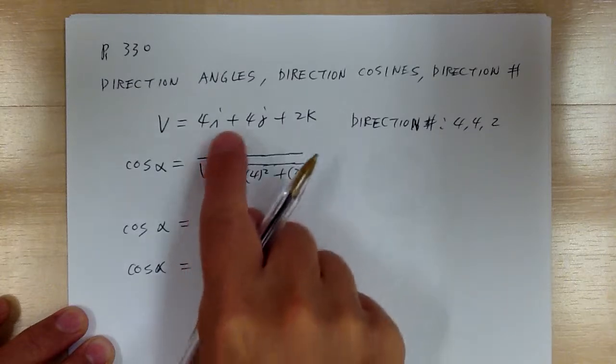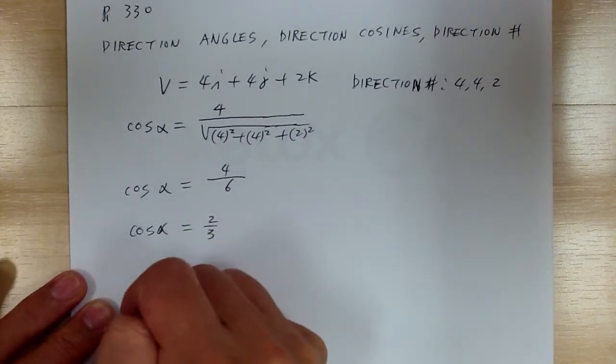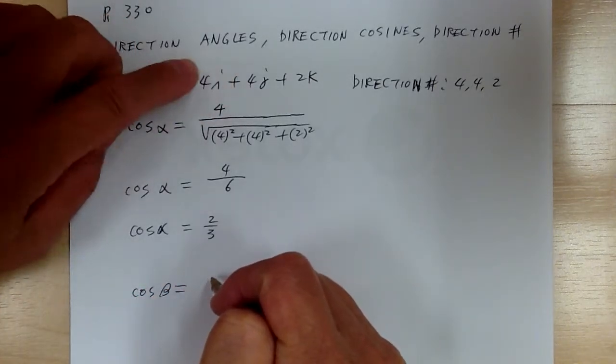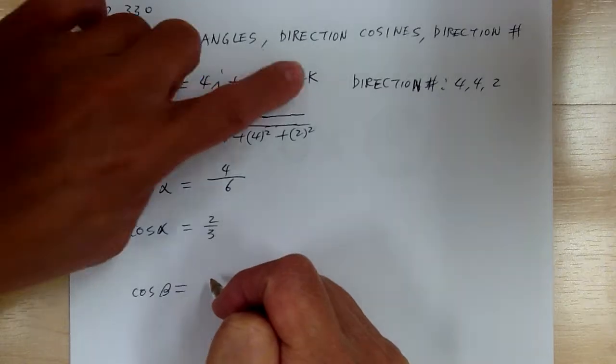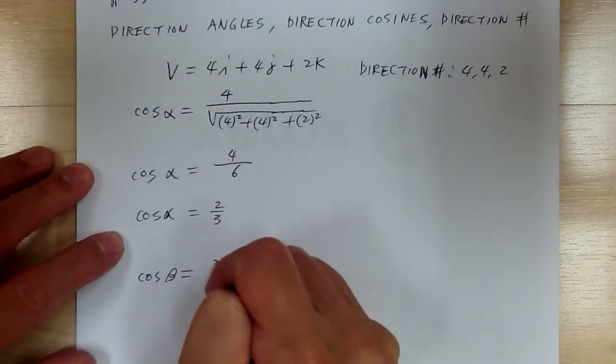Then cosine beta is going to be equal to this one. Again, this is alpha, beta, and gamma. Because they're the same number, you're going to get 2/3.